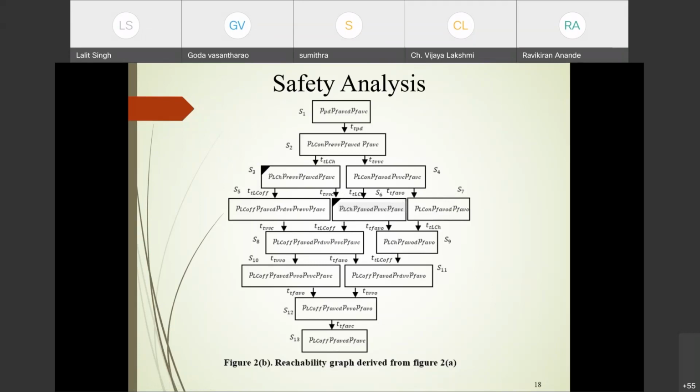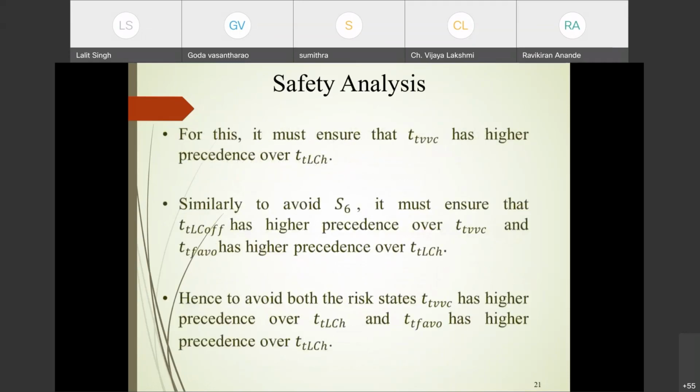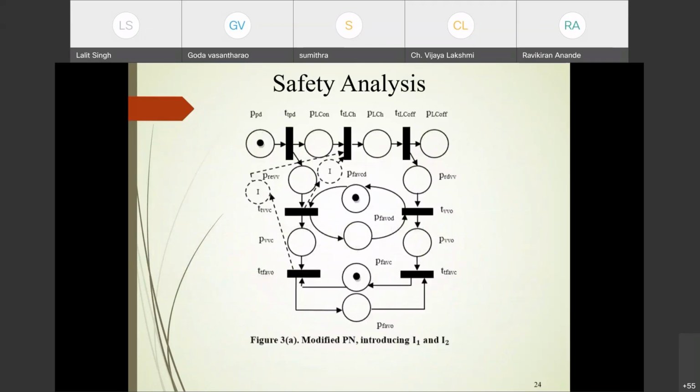Now let us come to the point of how we can do that. First, we have to change our model, which we have made. Because I have to keep low priority for TLCH when 2 transitions are in race condition, and I want to keep one at higher priority, I add one additional place between these 2 transitions.